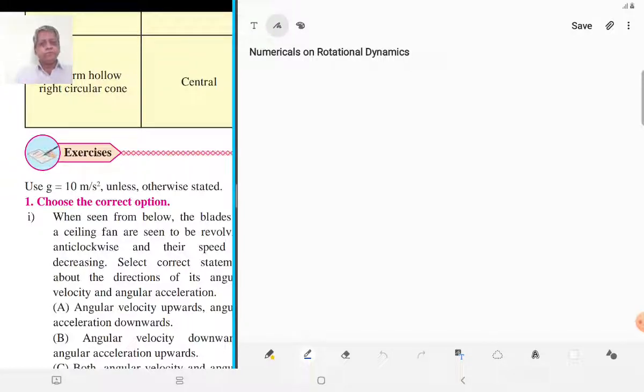At the end, the result must be written in the proper units. Remember these points regarding how to solve the numericals. Now we start the numericals.